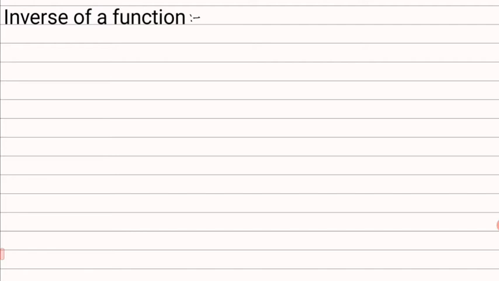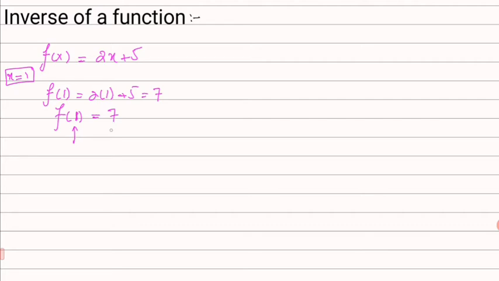So after this we need to discuss the inverse of a function, a very important part of this topic. Let's have a look at this example. Suppose in the beginning we had, for example, f of x is equal to 2x plus 5. I wanted to find values of this function at different points. So f of 1 was equal to 2 plus 5, that is equal to 7. That means f of 1 is 7, or we say the value of this function when x is 1 is 7.